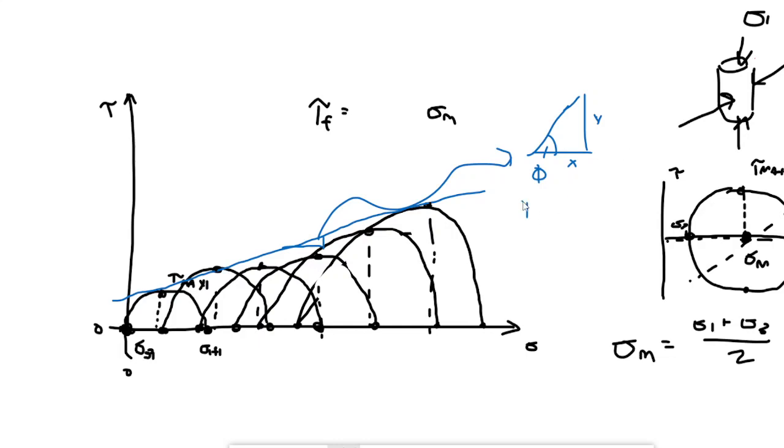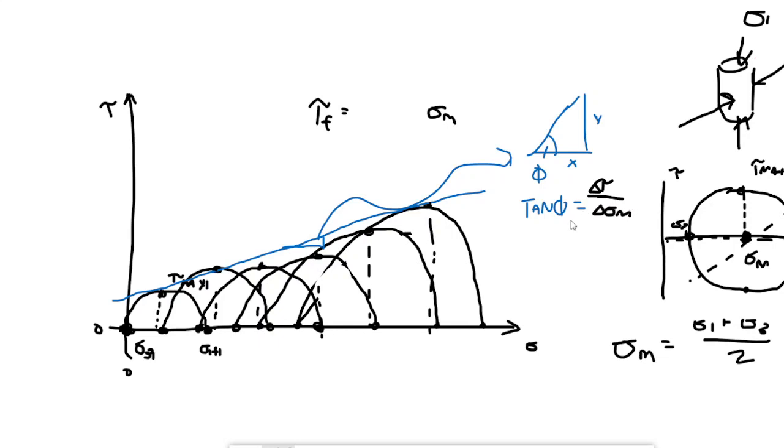The tangent of phi, this angle, is going to be equal to the opposite over the adjacent. Just basic trigonometry. Y over x, or in our case, it's going to be that difference in the sigmas, so delta sigma m perhaps, except I got that order wrong. We want to put the rise on top, so delta, the change in tau, divided by the change in sigma m. That's what it's going to be.